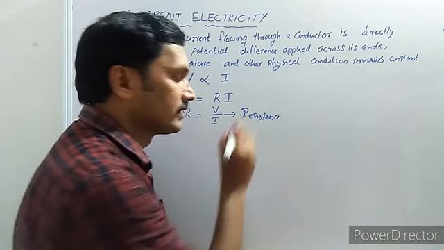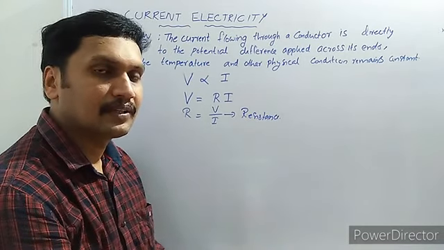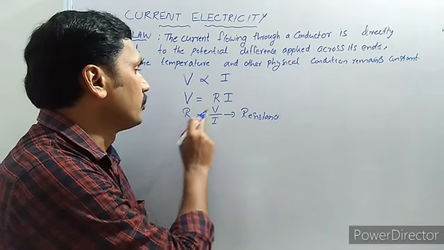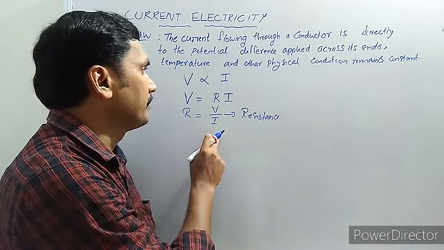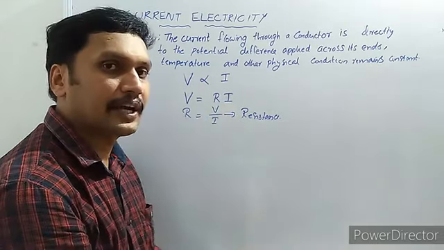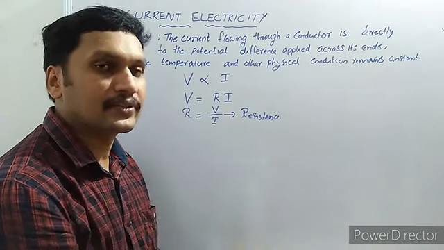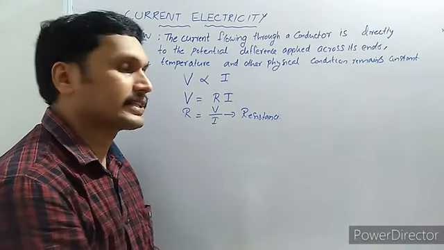R is independent of both V and I, because V is directly proportional to I. When V increases, I also increases, keeping R constant.